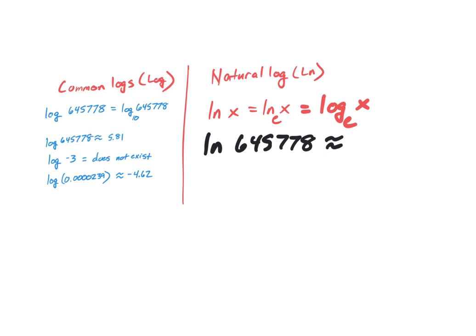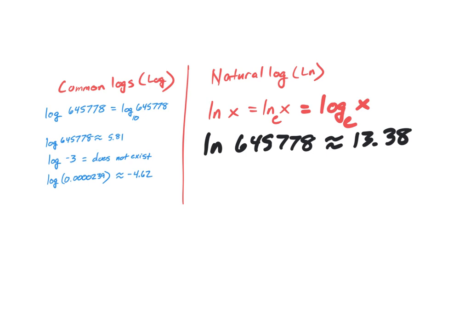And that would give us 13.38. The reason the answer is different is because my base is different. On log, my base is 10. So we're saying 10 to the 5.81 is about 645,778. Here, we're saying our base is e. Yesterday, we talked about the approximation for e, 2.7 whatever, a big, long decimal. So e raised to this power would get me back here.